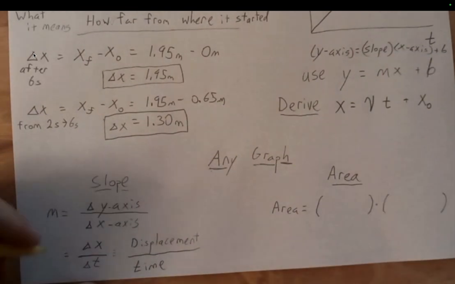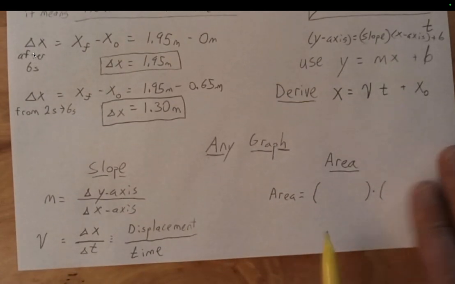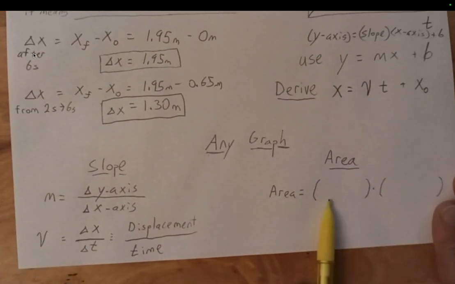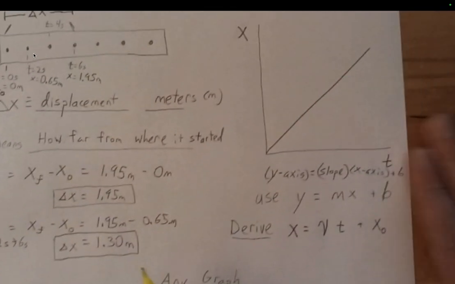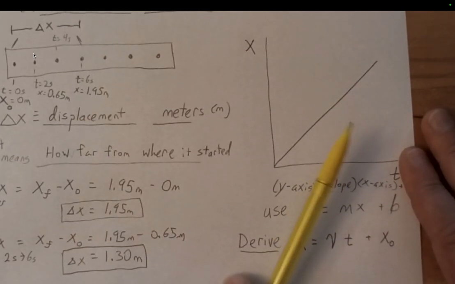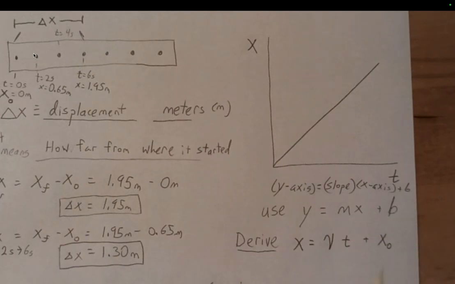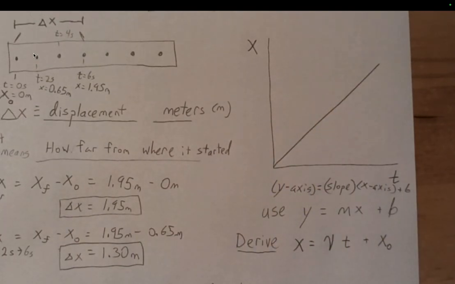And so what that is, is velocity. And that velocity is the slope of this graph. That is your displacement over our time. And then if we were to get an area, well, on this graph, we first see that we have a constant slope. So whatever velocity we get, it would be a constant velocity.